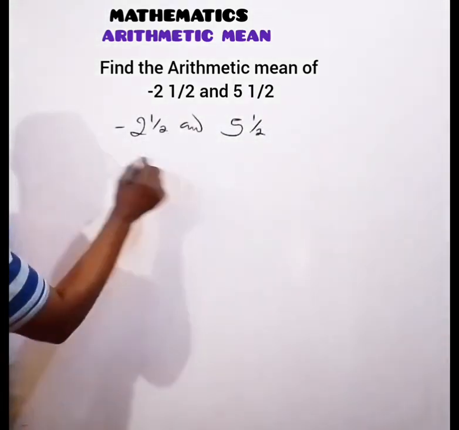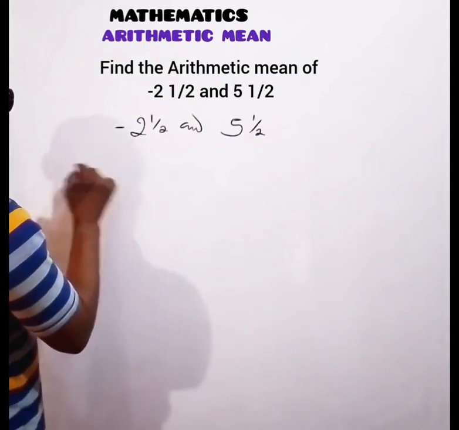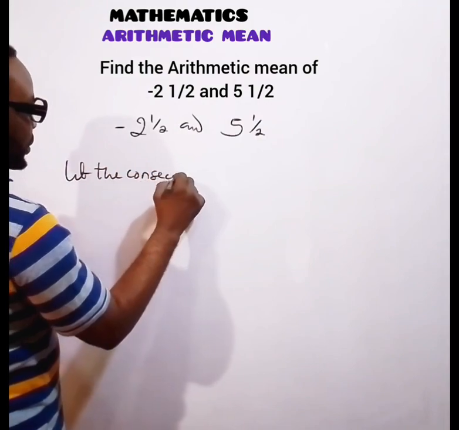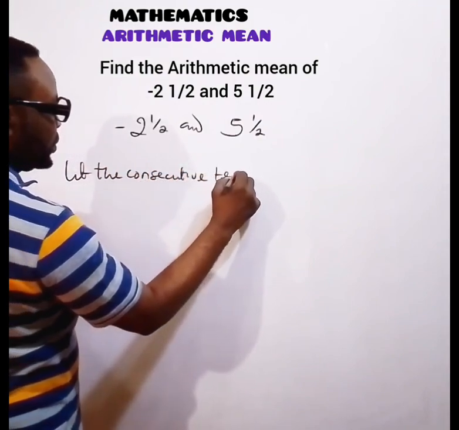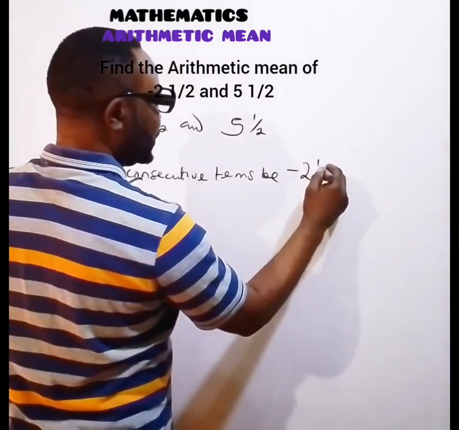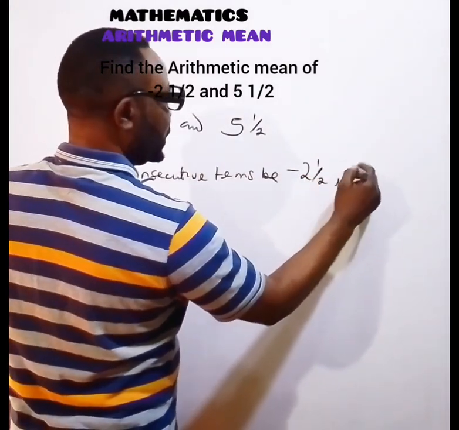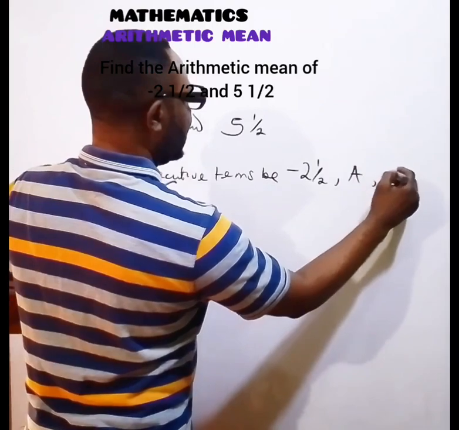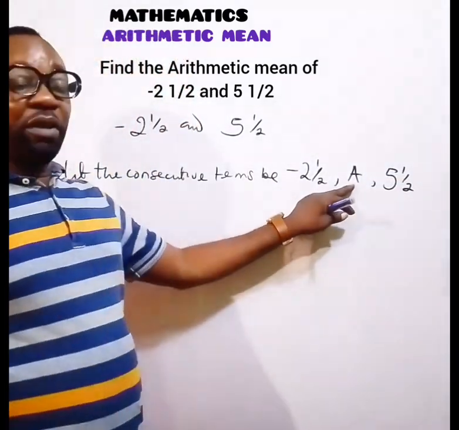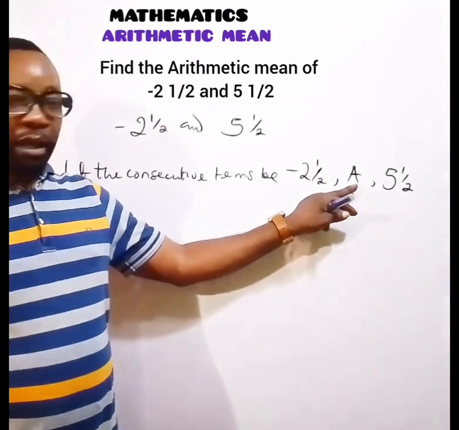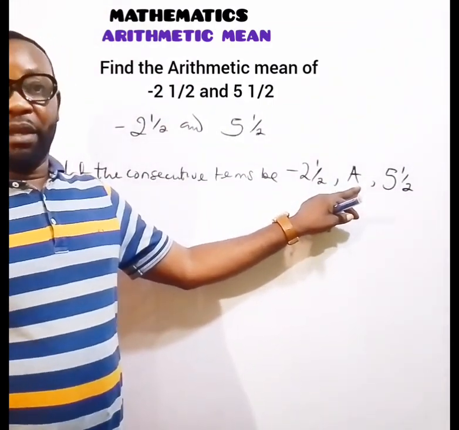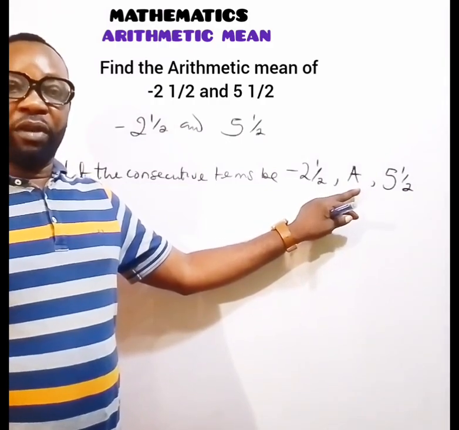Now we say, let the consecutive terms be minus 2 over 1 over 2, A, and 5 whole number 1 over 2. We are not provided with this value A. I bring it in here. You will also need to bring it in when you are trying to solve this kind of question.